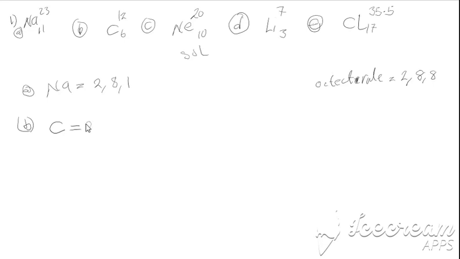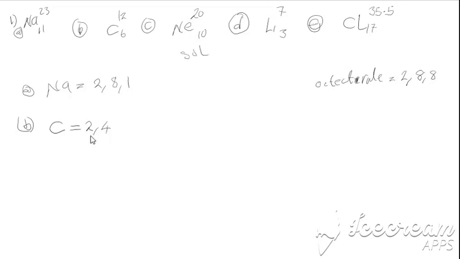From 6 you subtract 2, you remain with 4. According to the octet law you could have 8 electrons, but carbon only has 6 electrons, so we're going to have 4 here. So this number 4, the last one, means it has 4 electrons in the outermost shell.